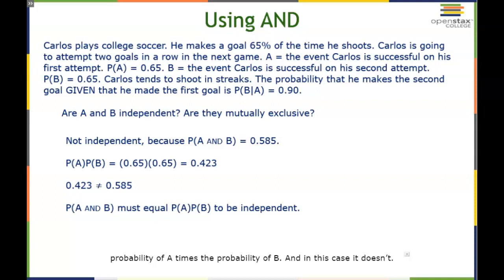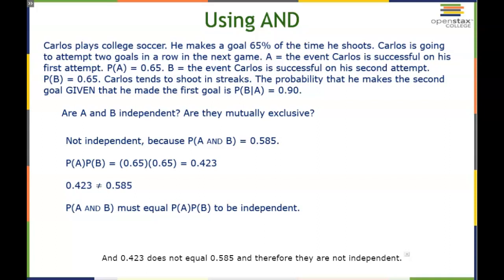Are the events A and B independent, and are they mutually exclusive? If they are independent, then the probability of A and B should equal the probability of A times the probability of B. And in this case, it doesn't. The probability of A and B was 0.585.